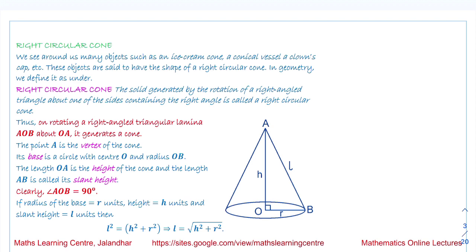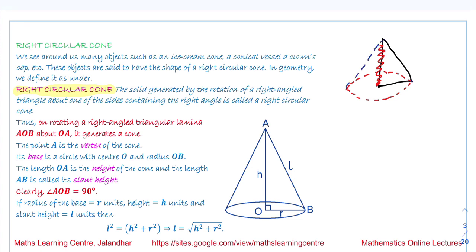What this definition is saying is, suppose we have a right angled triangle, and we rotate this right angled triangle about this line we have fixed. What we get is some figure like this.